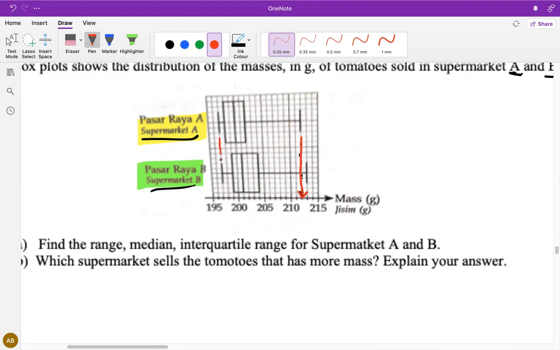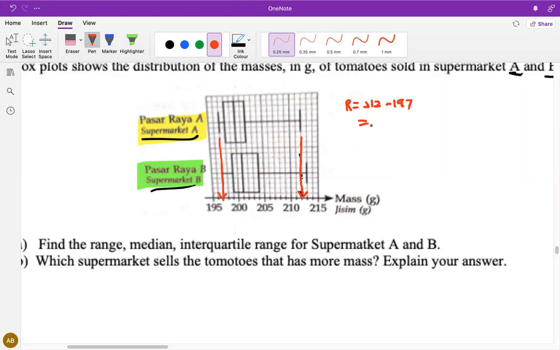This one is the same. So the range is 212 grams minus 97.